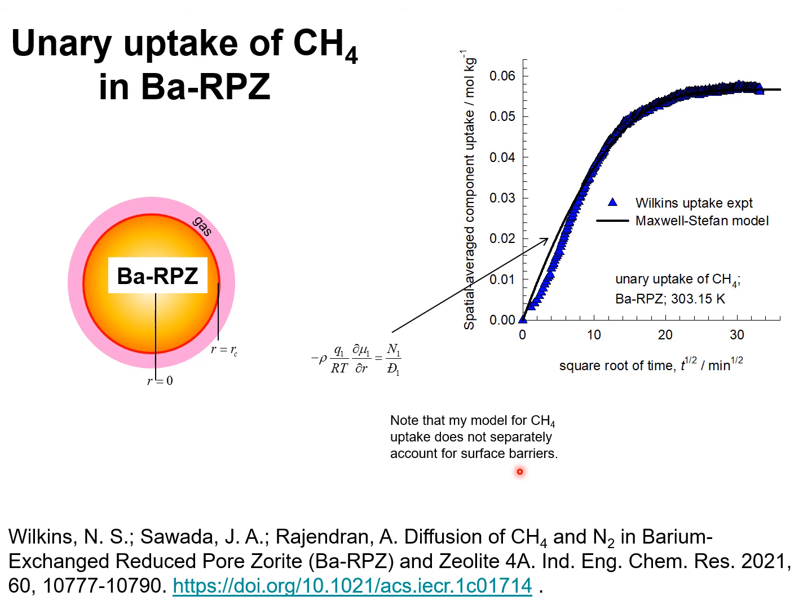It is noteworthy that my model for unary uptakes does not separately account for surface barriers, as done in this article by Wilkins. Therefore, using the unary uptake data for methane and nitrogen, the required information on the Maxwell-Stefan diffusivities required to predict or calculate mixture adsorption and diffusion characteristics can be obtained.